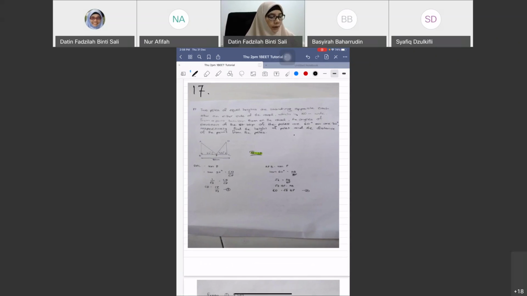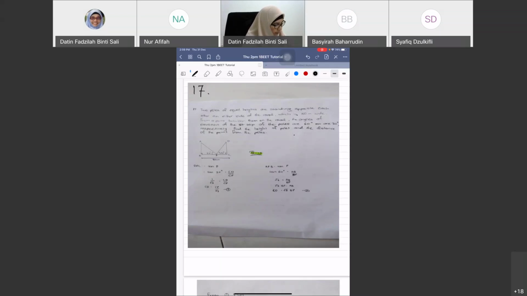If we look at the question, it's about two poles of equal heights standing opposite each other on either side of the road, which is 80 meters wide.